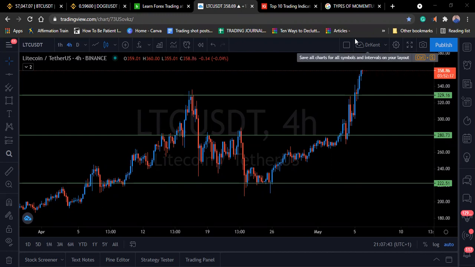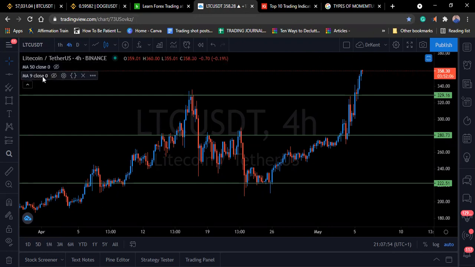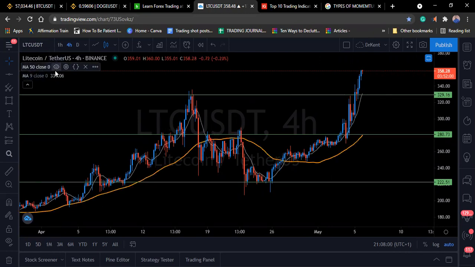So we'll be using indicators, but we will not rely on any indicator. Those set of people might have indicators on the chart. They might have this same moving average on the chart.